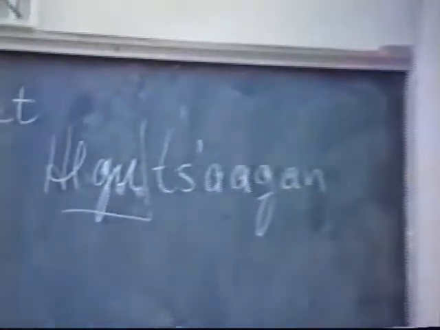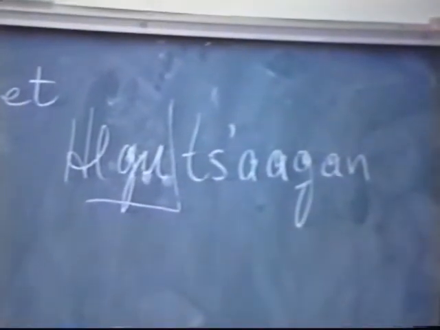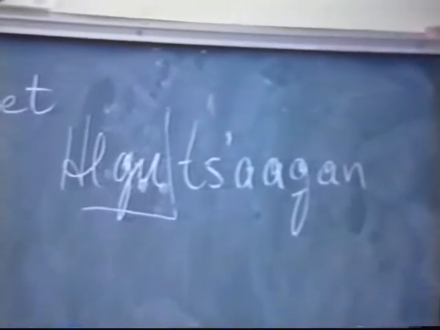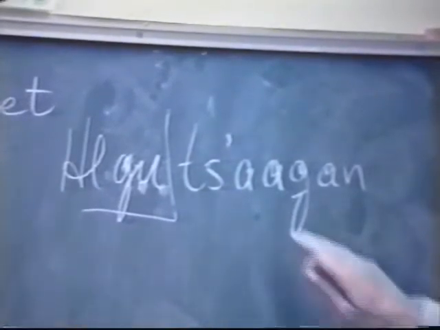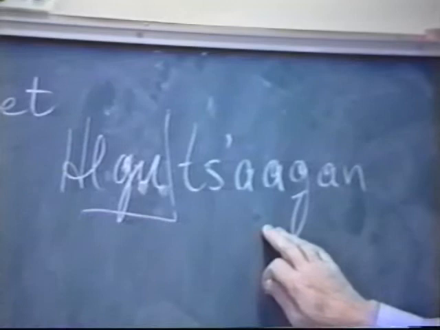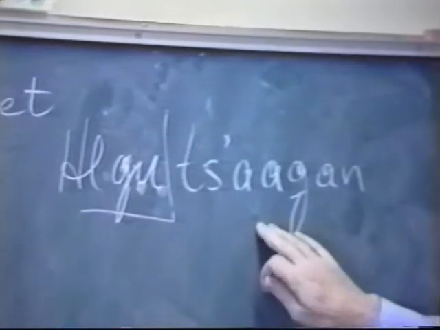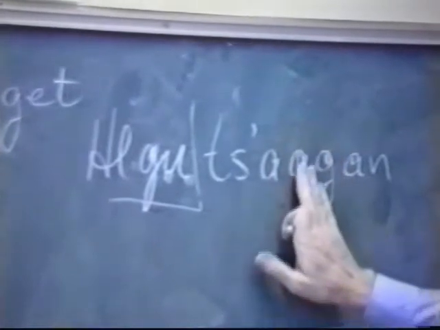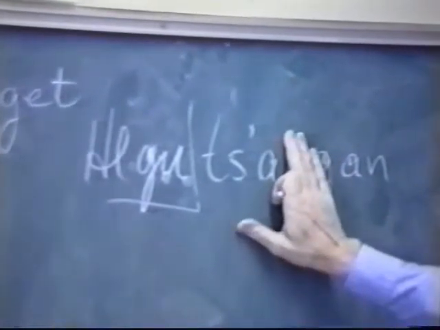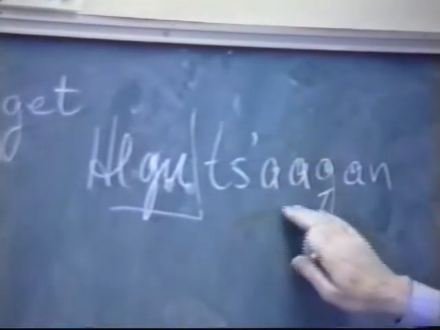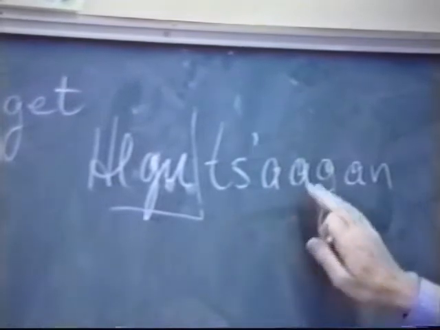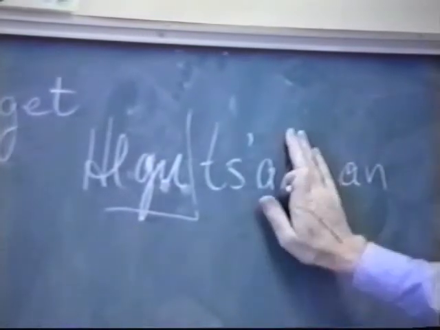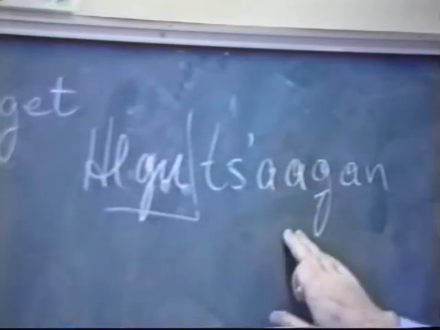But timsanum. In your own way, it would be just Gutsagen. But notice you drag it out, Gutsagen, where it's tsa rather than tsa. Gutsagen.